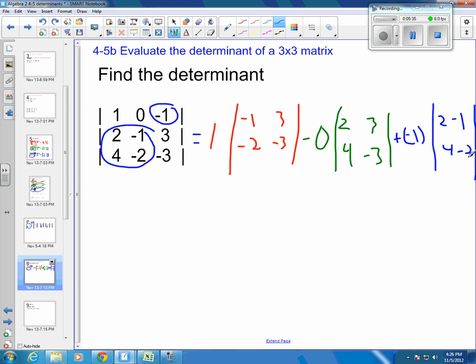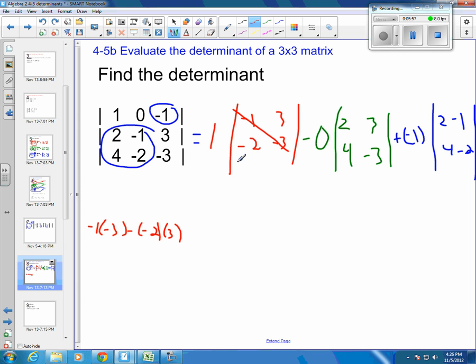And these are determinants, not matrices. So I've got to find the determinant of these things now. So I'm going to go back to my red, and it's going to be 1 times the determinant of this. Well, 1 times anything is itself, so it's just going to be the negative 1 times negative 3 minus the negative 2 times 3.